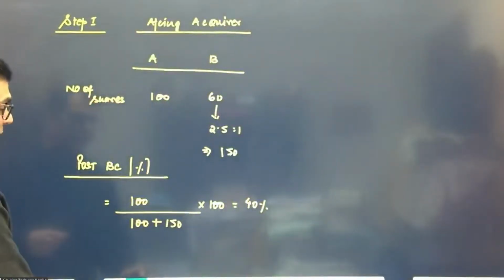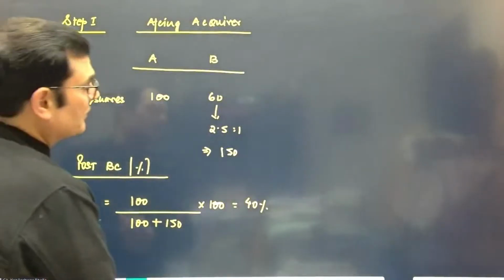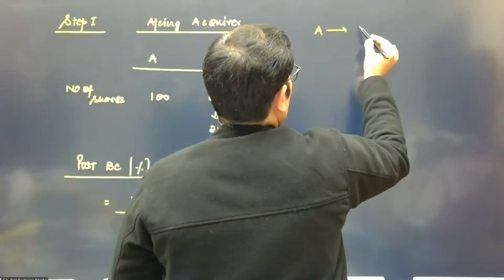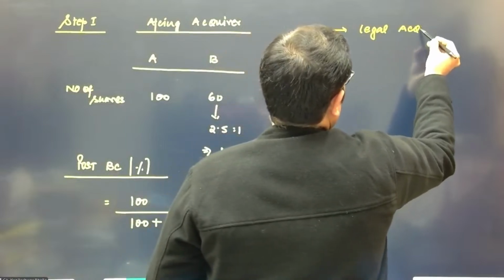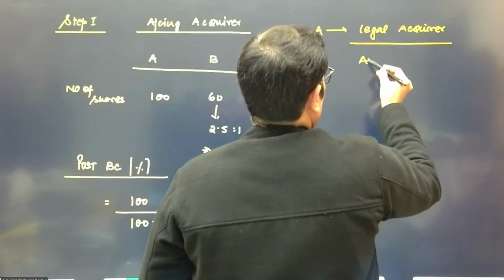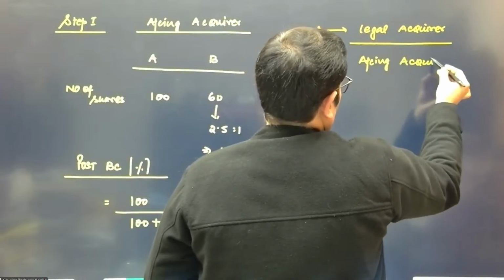So one thing is now very clear based on these calculations that A has lost control. So in this particular case, we can say that A is supposed to be the legal acquirer, but since he has lost control, he becomes an accounting acquiree.